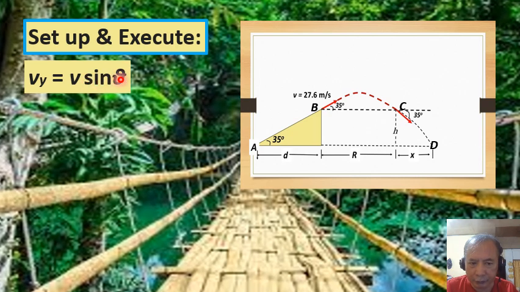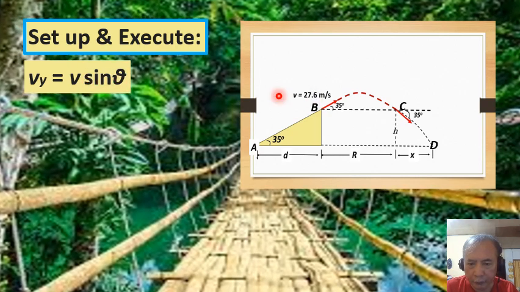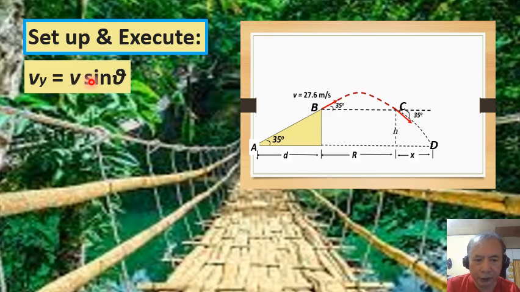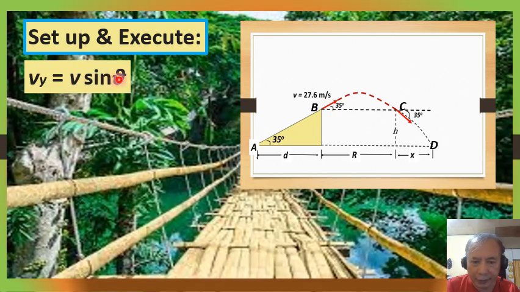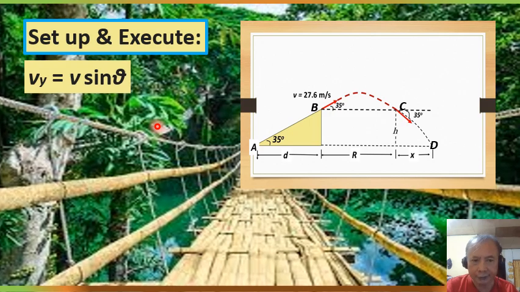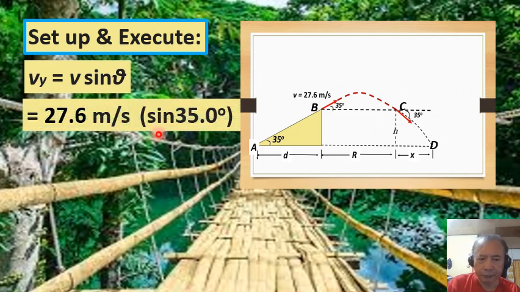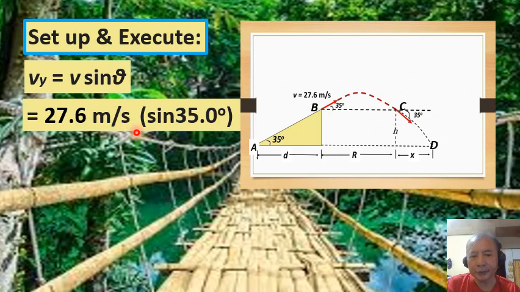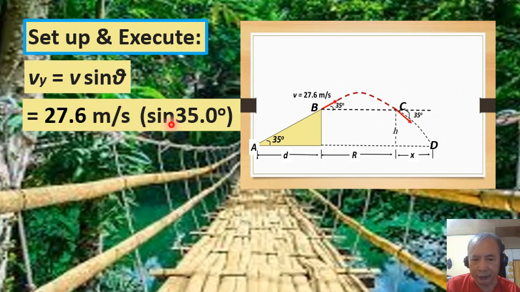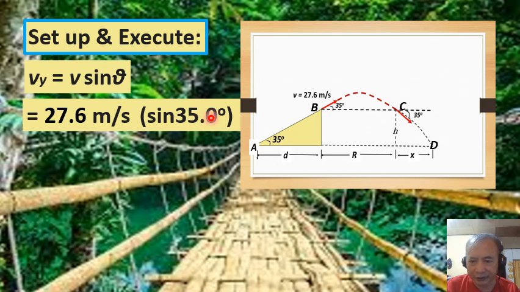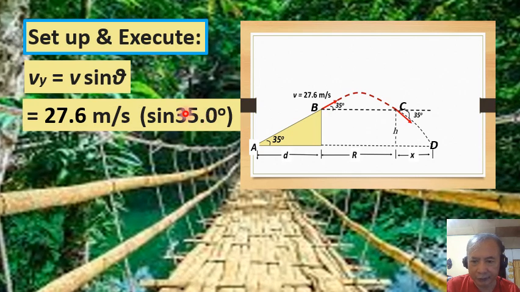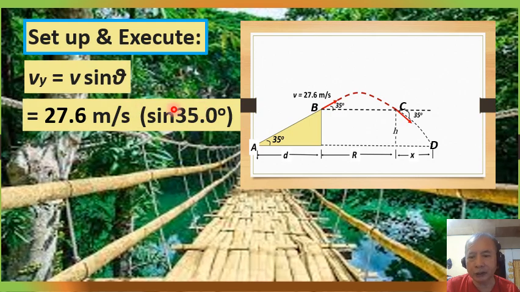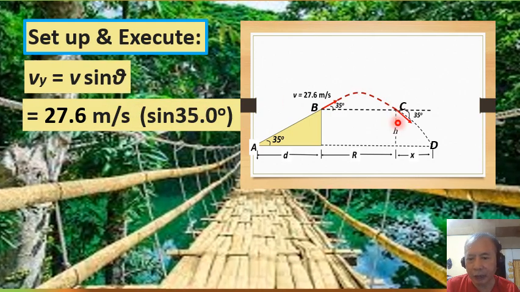And that downward component of the velocity is just the product of the velocity v and sine of the angle theta. That is 27.6 meters per second multiplied by sine of the angle 35.0 degrees, right? So the direction of this y component of the velocity, of course, is downward.